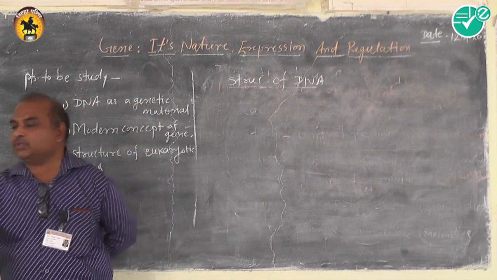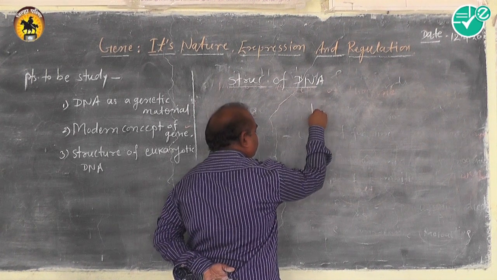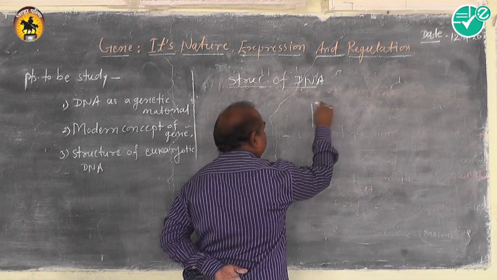Now, how is the structure? Try to understand. One imaginary axis is there.